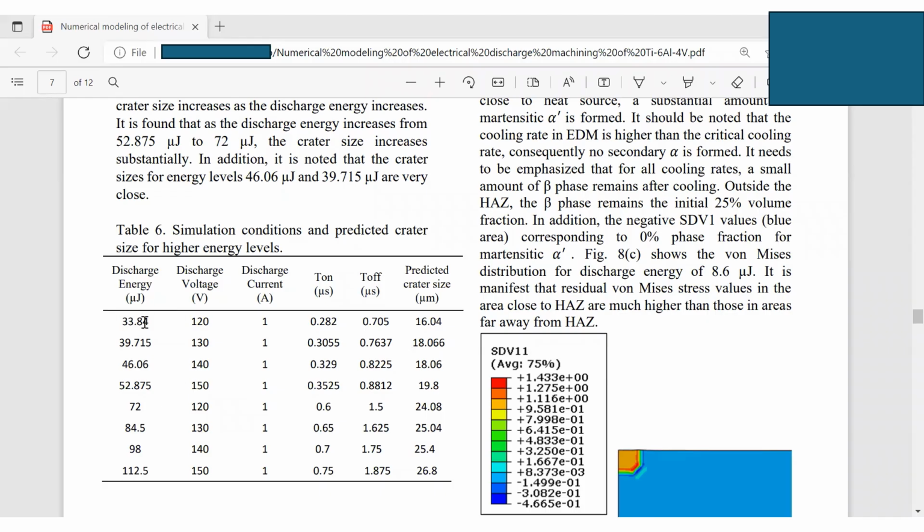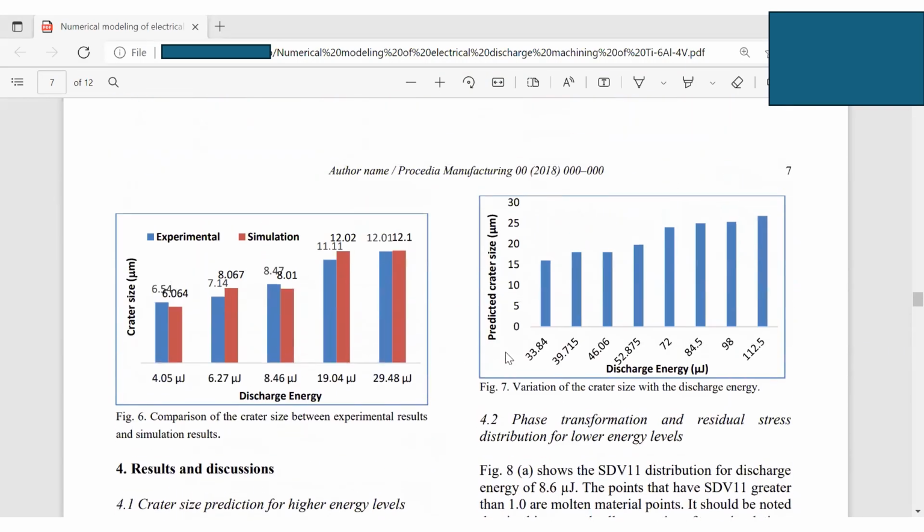So here are other discharge energies that are much higher, and we can get this predicted crater size. Definitely, this model has been validated. So this is also a variation of crater size with discharge energy.